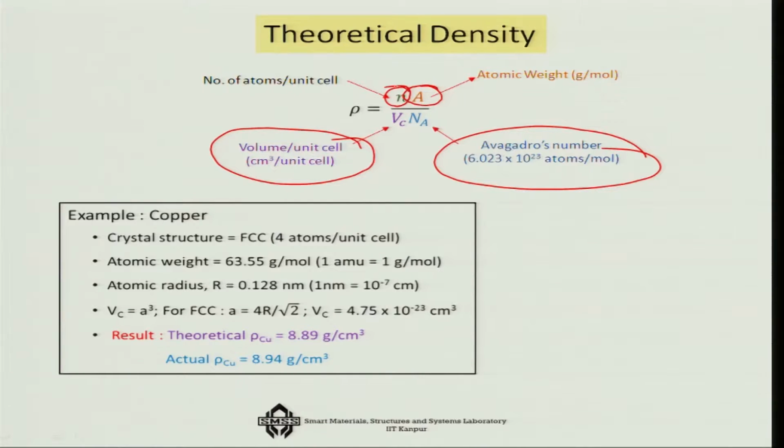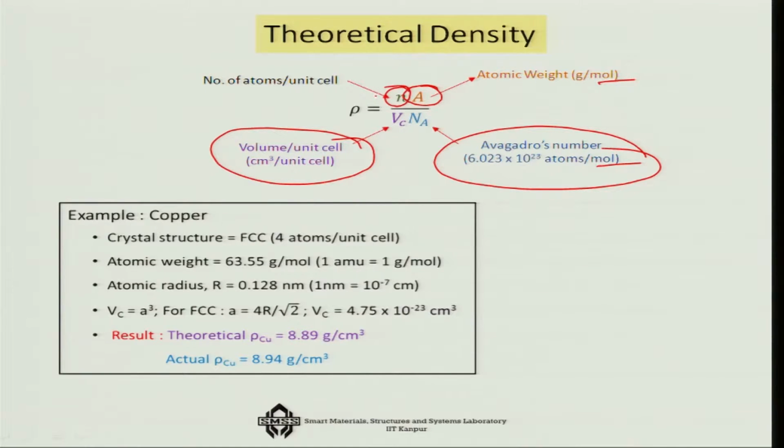So, you have the atomic weight as gram per mole, and you have Avogadro's number as atoms per mole, and you are dividing. So, this mole and mole get cancelled, and what you are getting is gram per atom, the weight of each individual atom.